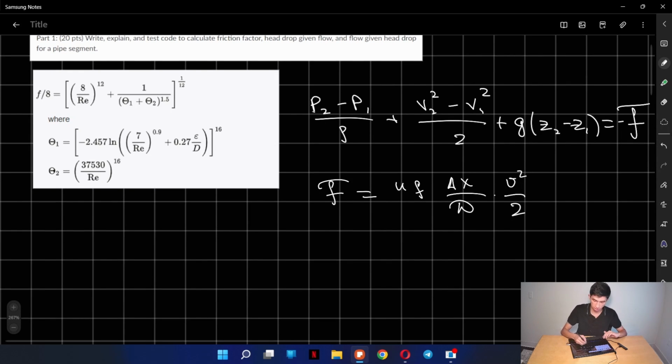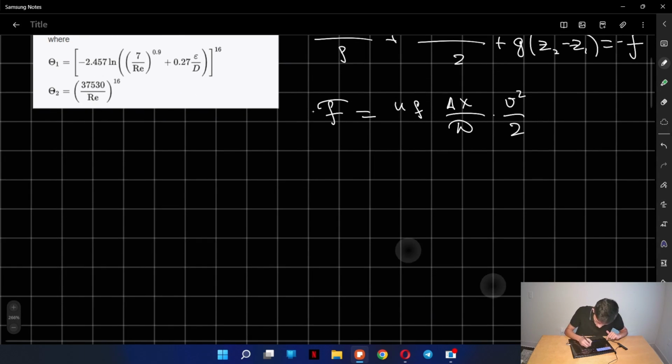We know that this small f here is the Fanning friction factor, and it is related to our Reynolds number for a specific case. We had our Moody diagram to calculate the Fanning friction factor from the given Reynolds number, where the Reynolds number is equal to density times the velocity times the diameter over the viscosity.